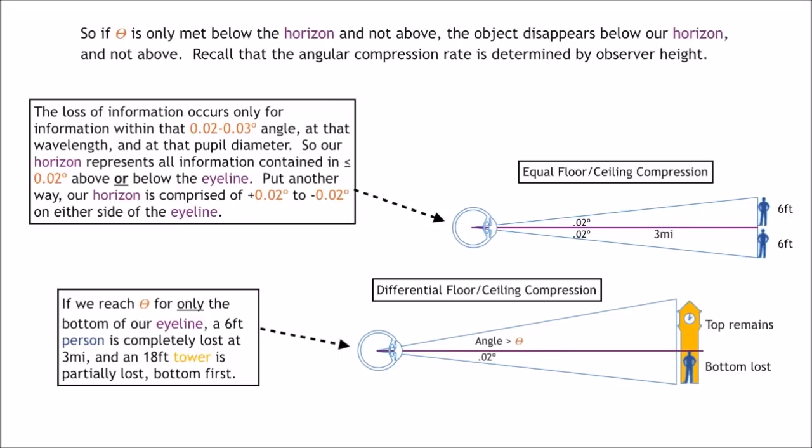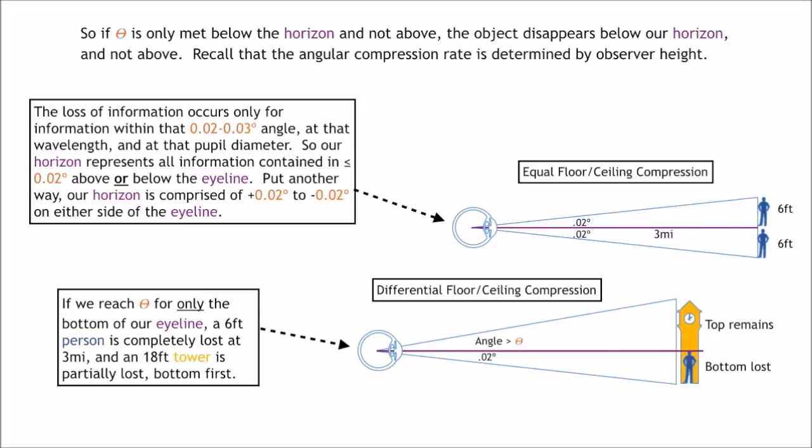So again, instead of being close to a wall, we're right in the middle of a corridor, above and below. The ceiling is the same distance from our eye that the floor is, and the walls are the same, you could say too. And we would equally reach theta for a given object above and below the eye line.